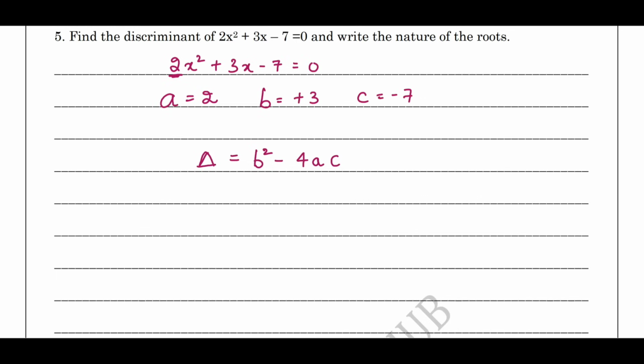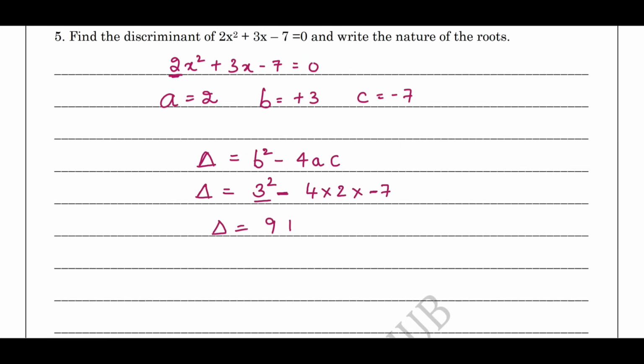Now substitute these values. Delta equals b square, that is 3 square, minus 4 into a, which is 2, into c, which is minus 7. Now 3 square is 3 into 3, which is 9. 3 square is not 3 into 2 as 6. You have minus here and again minus here.